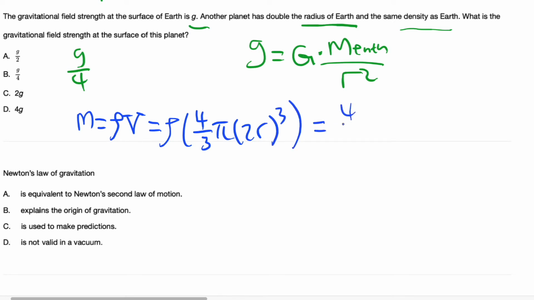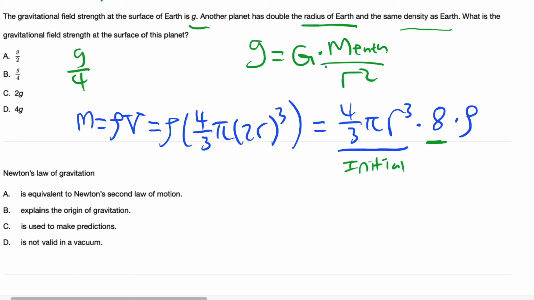So it's going to be equal to 4 over 3 multiplied by pi multiplied by r cubed multiplied by 8. So here we know this is the object's initial volume, and its volume here is multiplied by 8. So its mass is also going to be multiplied by 8, right? And if its mass is multiplied by 8, its gravitational field strength is also going to be multiplied by 8. So this is not equal to 2g. So C is the correct answer.